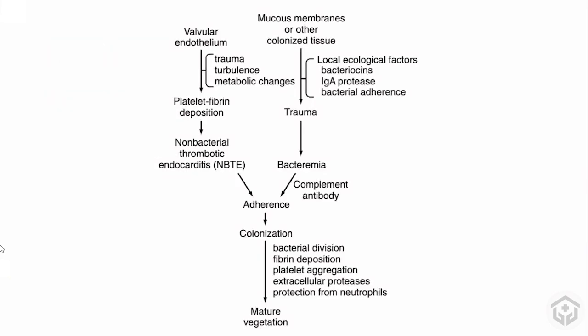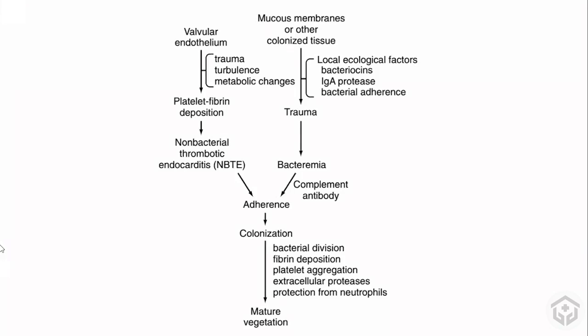So in this chart, you can see there are two things that have to come. One is the valvular endothelium or the mural endothelium or the septal defect. Usually the native endothelium or native valve, infective endocarditis won't come on a very healthy surface.